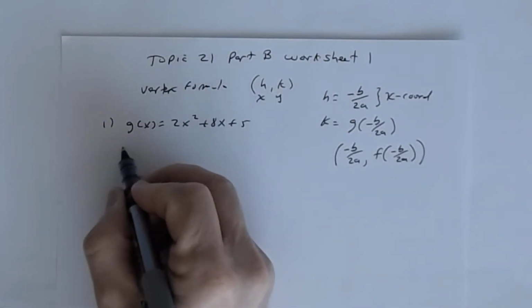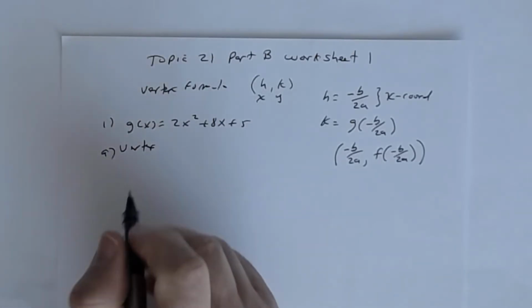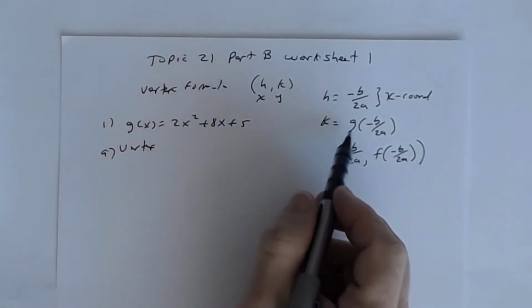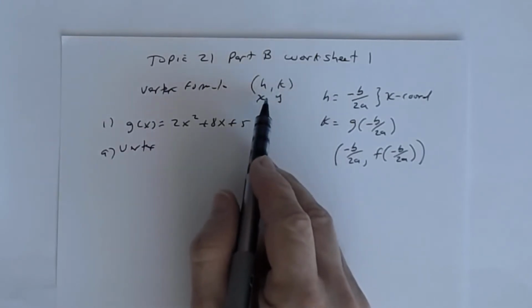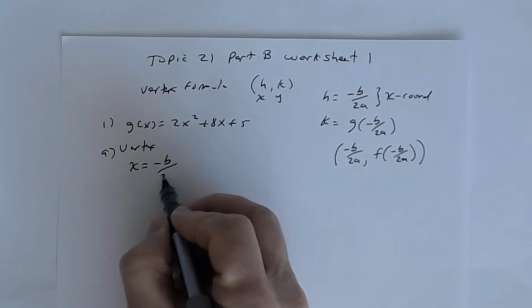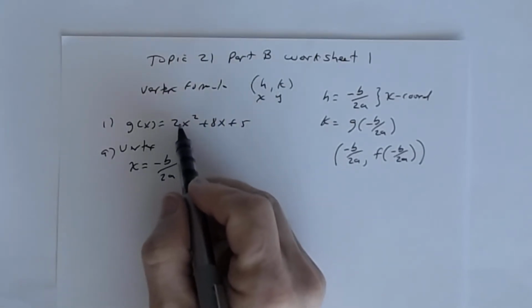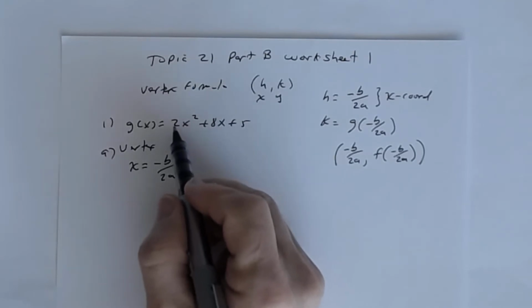So we've got to find the vertex. That's part A. Part A says find the vertex. So let's find the x-coordinate first. The x-coordinate is going to be negative b divided by 2a. And remember, in general form, a is the coefficient of x squared.